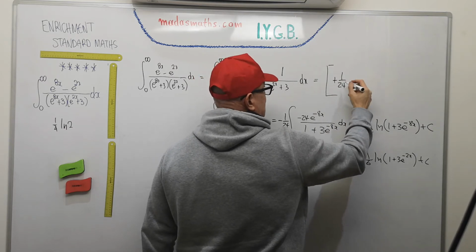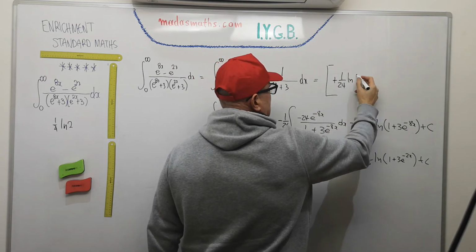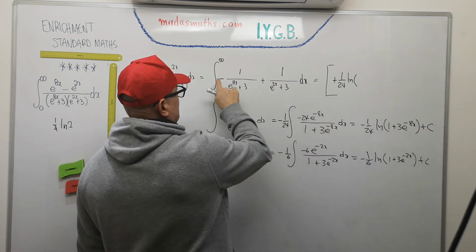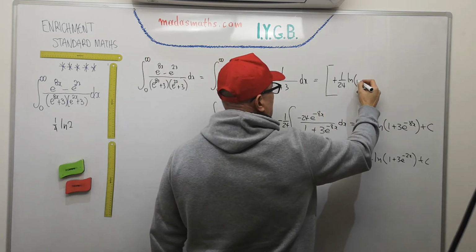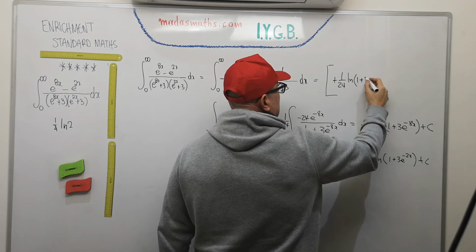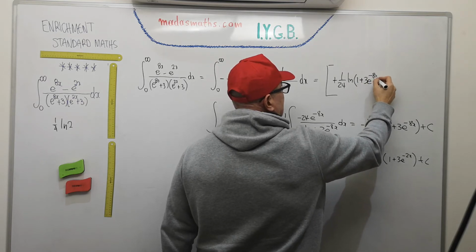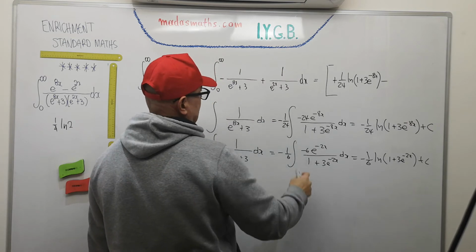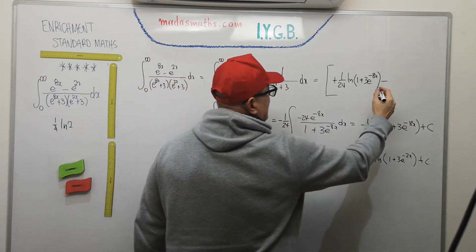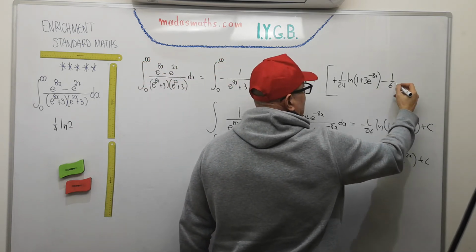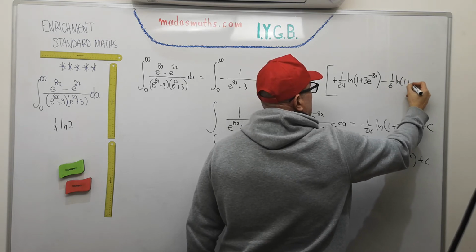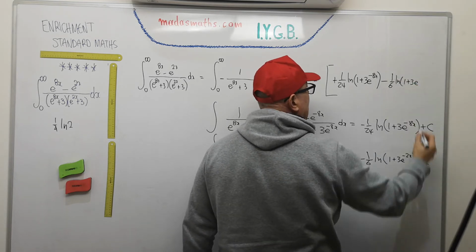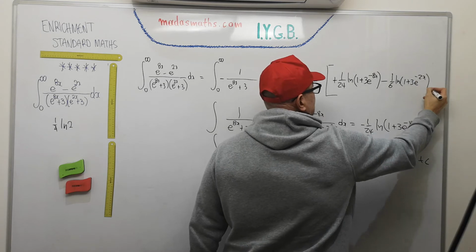I wrote the plus explicitly to remind me that this was actually a minus, but the minus there swapped it. The log of 1 plus 3e to the minus 8x. And then I got minus, when I'm adding this quantity, minus a 6th, the log of 1 plus 3e to the minus 2x.